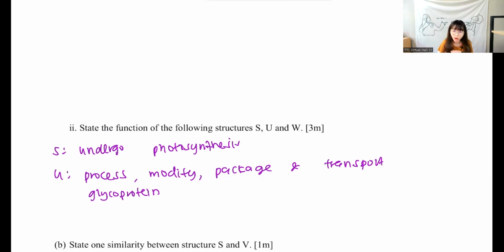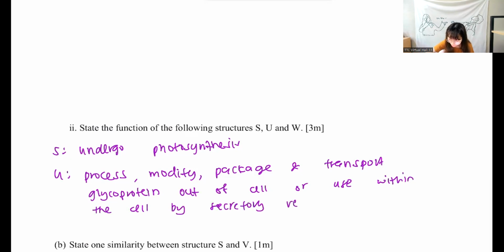If you want to be a little more complete, you can say: transport glycoprotein out of the cell or within the cell by secretory vesicle.